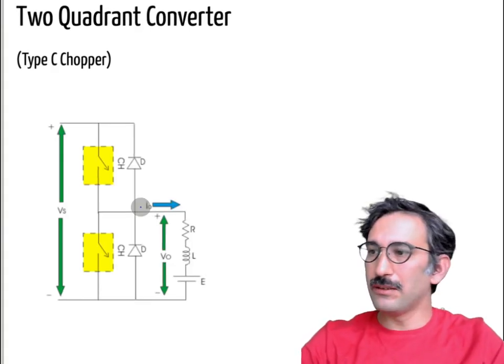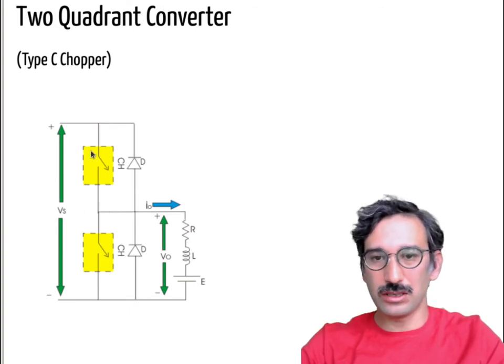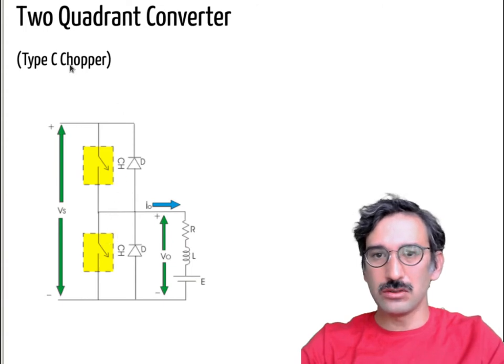Or you can have the type C chopper. This is a half bridge. We will see that kind of structure quite a lot in the following weeks. We have two switches and two anti-parallel diodes, one for each switch. So this is a 2-quadrant switch.